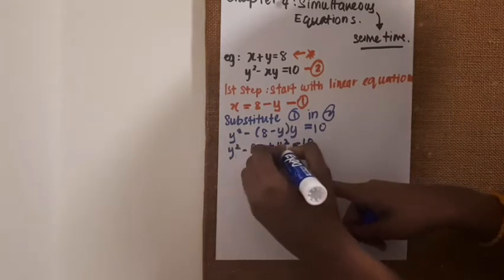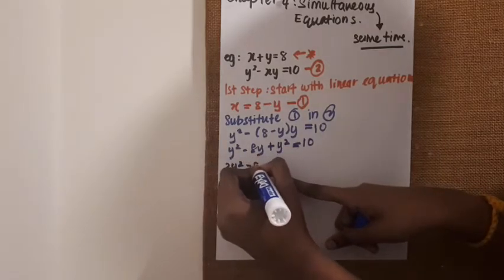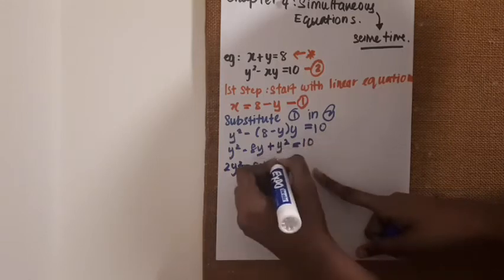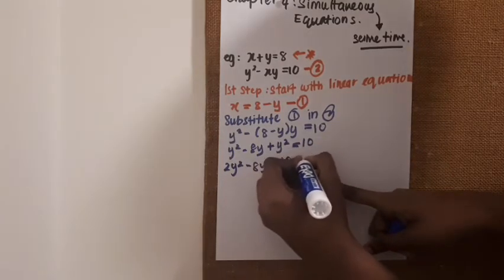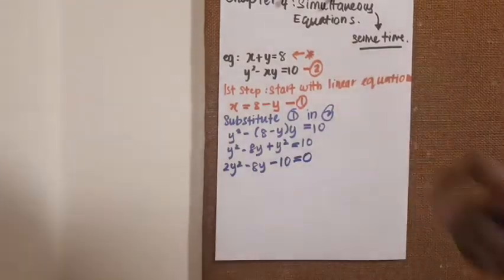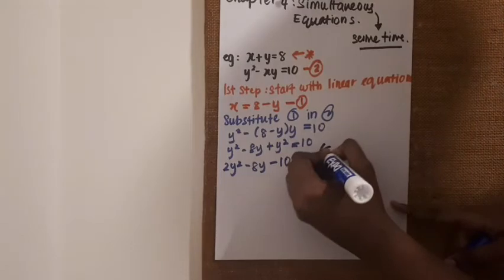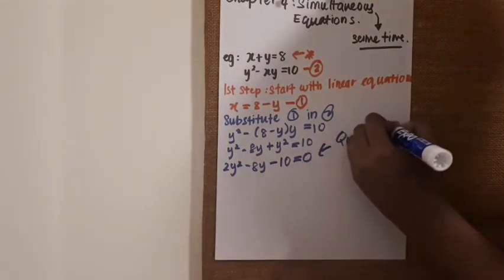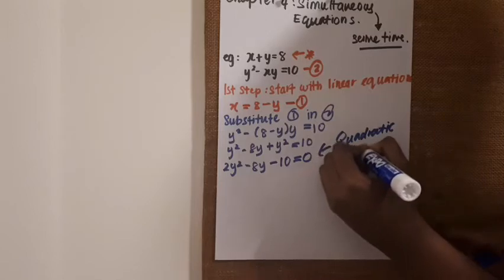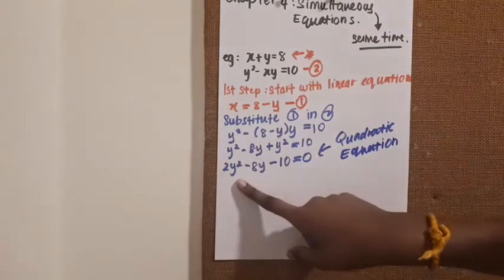So y squared plus y squared is going to be 2y squared minus 8y. You can always bring this 10 over, it becomes negative 10, and now we have a quadratic equation. So we can always solve it.